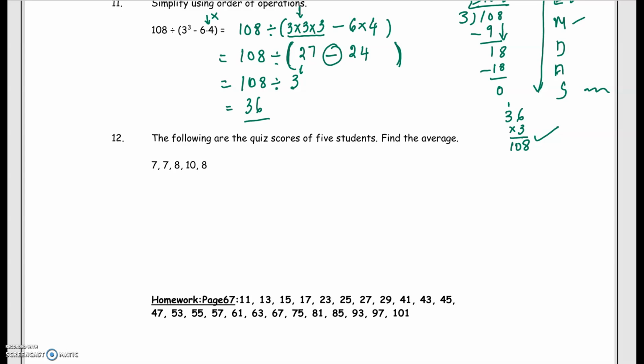Now, the following are the quiz scores of 5 students. What is the average? So the average is always the sum of all the numbers divided by the total number of numbers.